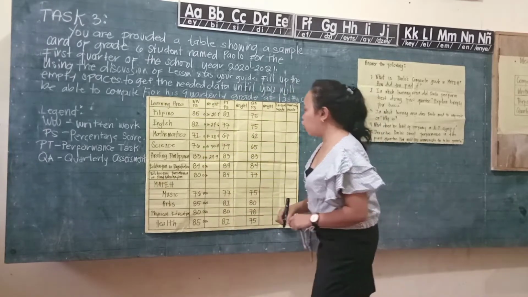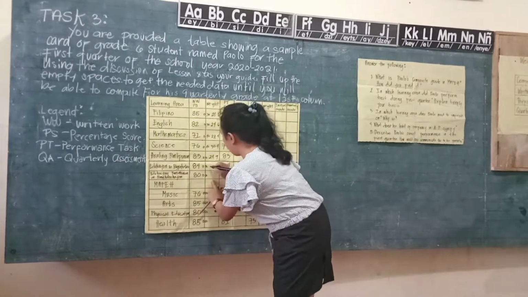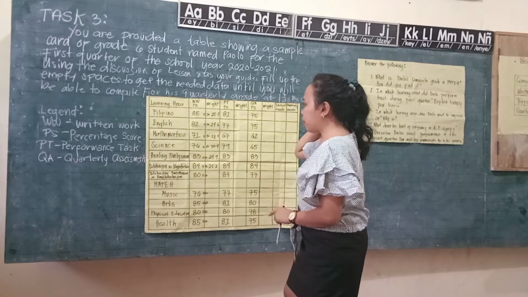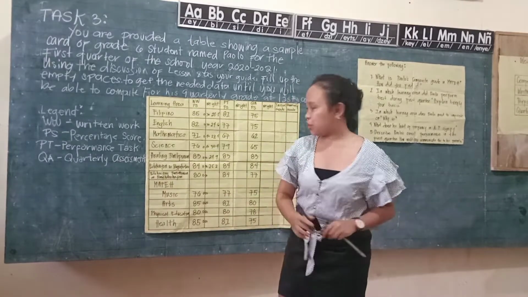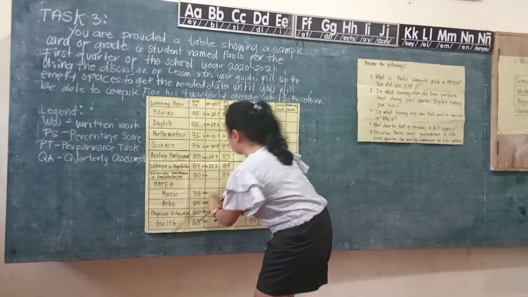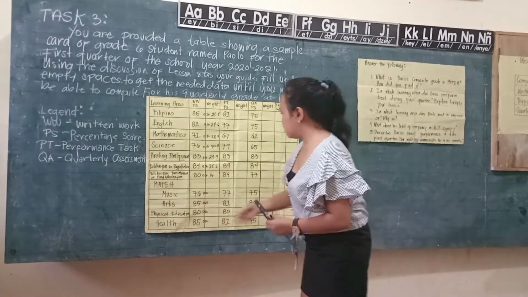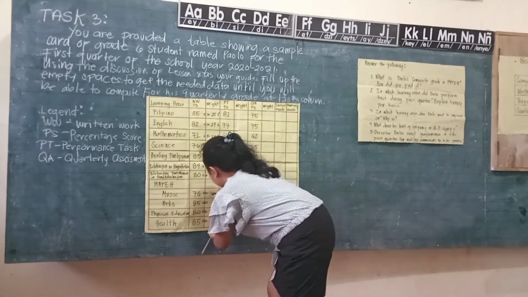Edukasyon sa Pagpapakatao, we have 84 times 0.30 equals 25.2. Edukasyon Pantahanan at Pangkabuhayan, 80 times 0.20 is 16. In music, we have 76 times 0.20 is 15.2.